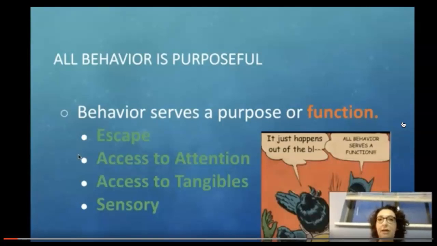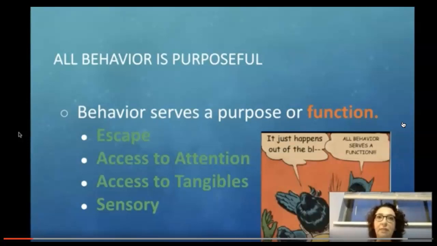I was saying that a lot of times our kids are labeled with sensory behaviors, and a lot of times they do have sensory behaviors. But I think sometimes they're displaying the same behavior for multiple functions, and it isn't always sensory. So that's one thing we can advocate for: making sure that it is sensory. The only way to determine if a behavior is serving a sensory function is if the behavior is occurring with no consequence.